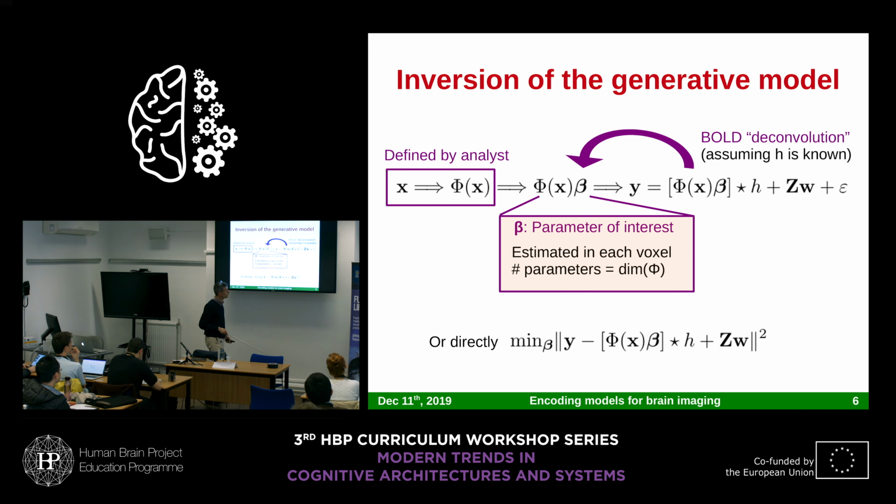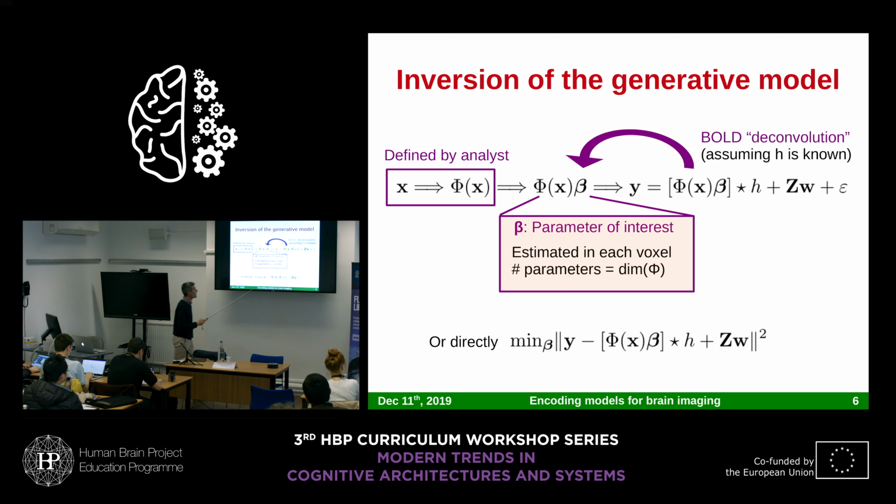Then the most common way to proceed is to take the BOLD signal y and essentially deconvolve the signal. So you will extract the response to the presentation of stimulus x, an estimate of the neural response for this given trial.